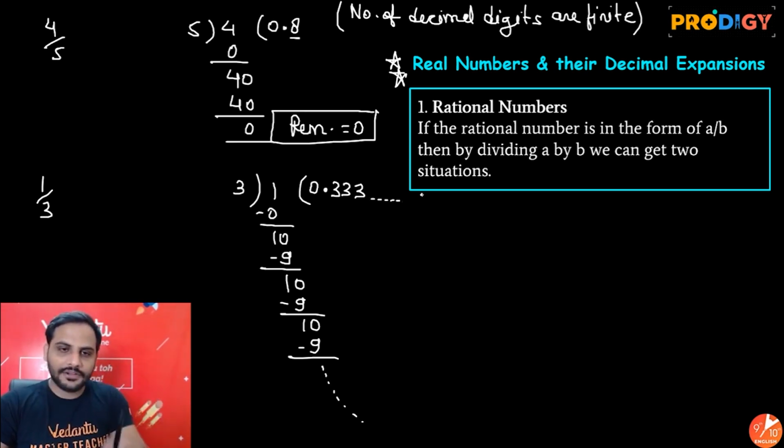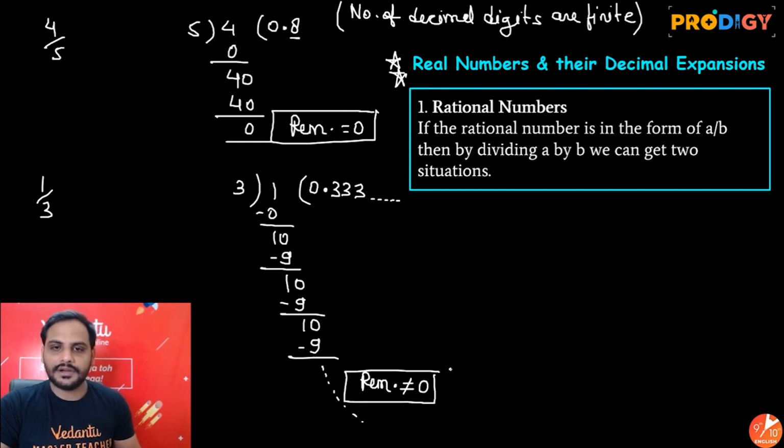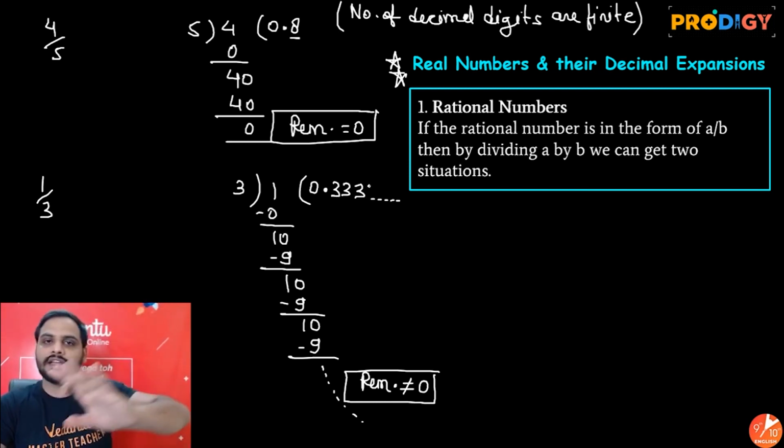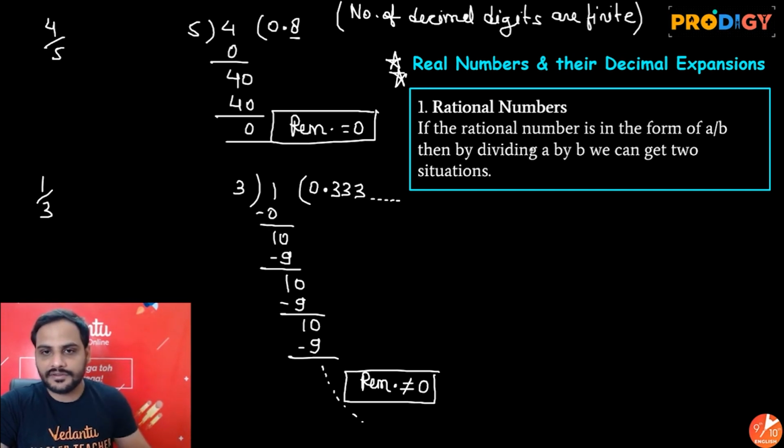Every time I will get remainder 1, again 3 3s are 9, again remainder 1. So here the remainder will never be equal to 0, and the number of decimal digits after the decimal will never stop. They will keep on going. So there are infinite decimal digits in this case.